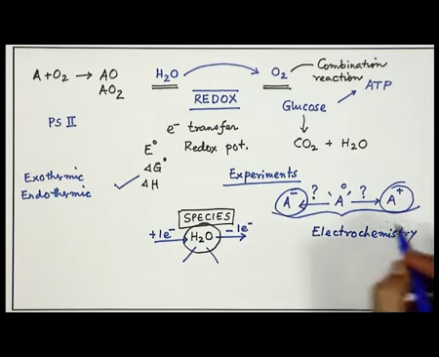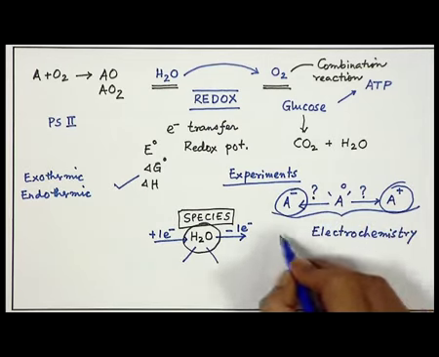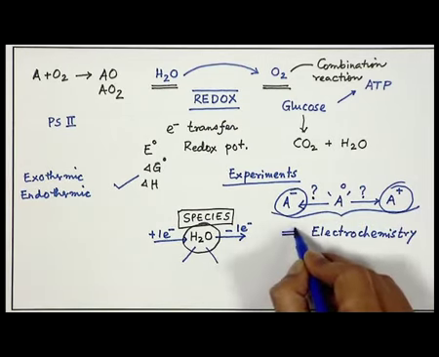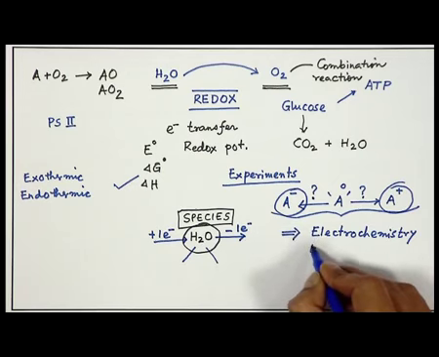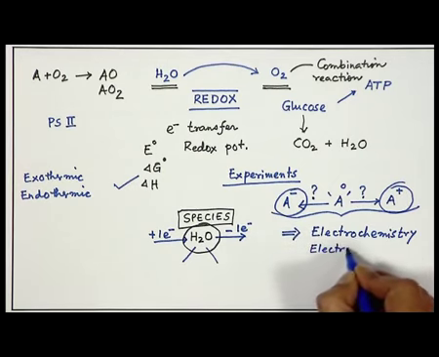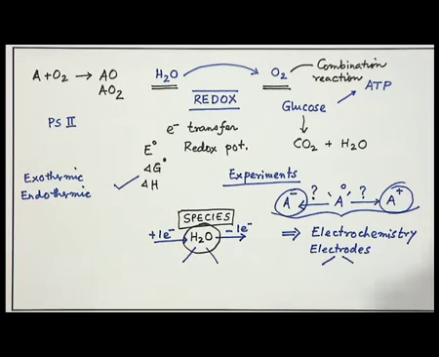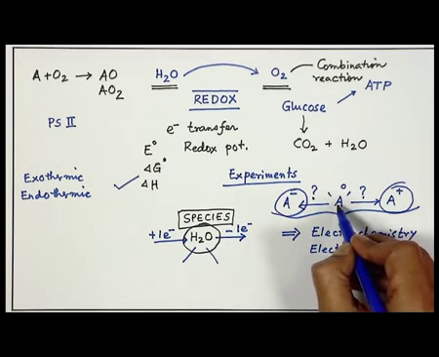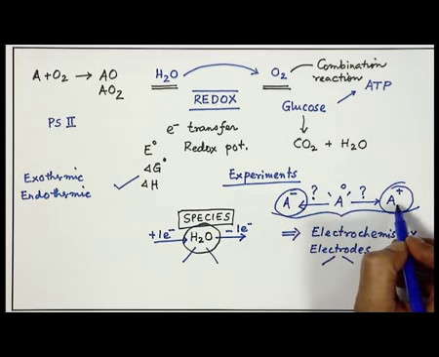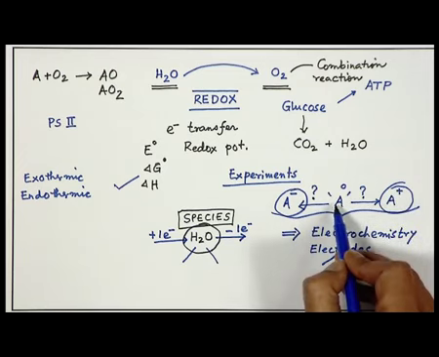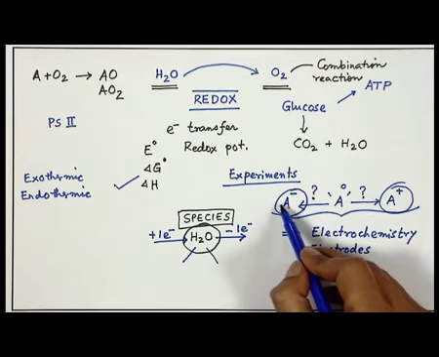So, if we just consider electrochemistry, we will be dealing with the electrodes. We can have the cathodes and the anodes, and we can electrochemically oxidize A to A plus, or electrochemically reduce A to A minus.